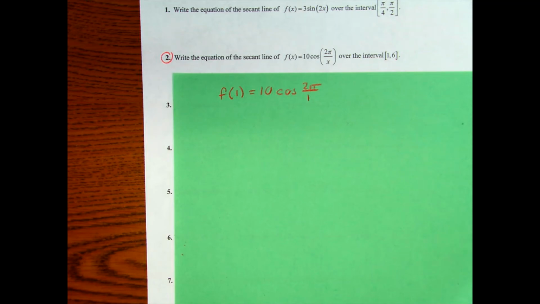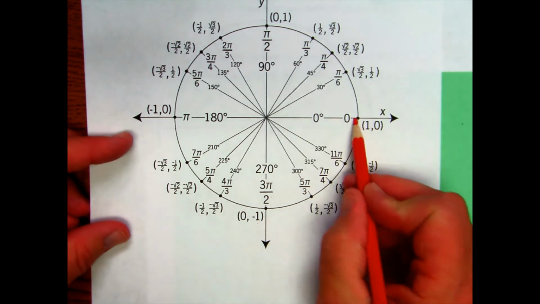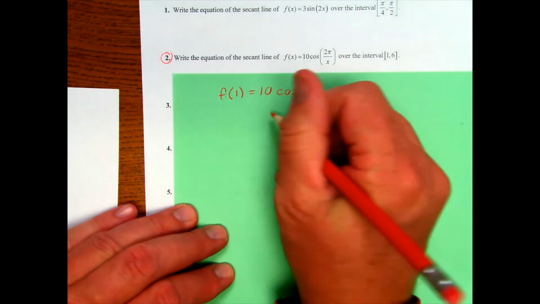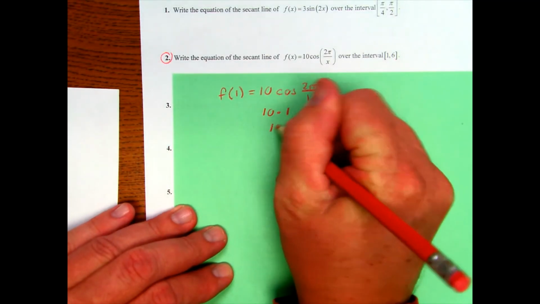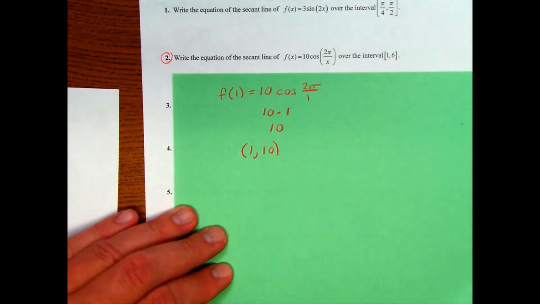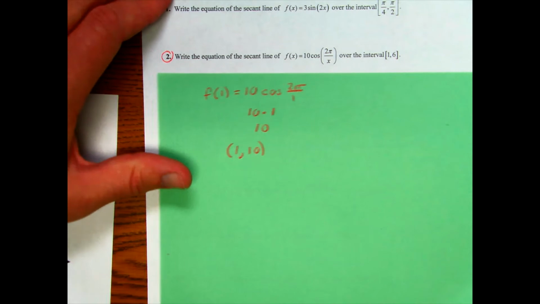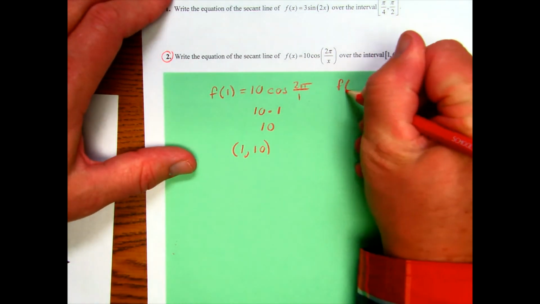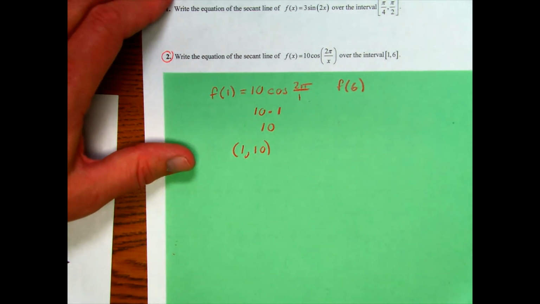So the first step in this is going to be the cosine of 2 pi. That's going to be 1. So the left endpoint is 1, 10. Okay, now we need to find f of 6 to get the y coordinate for the right end of our interval.